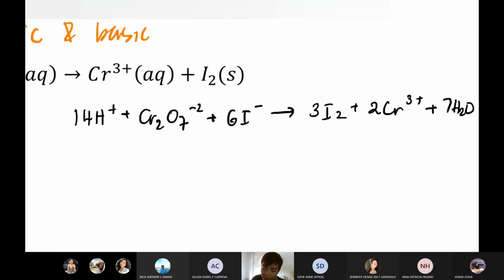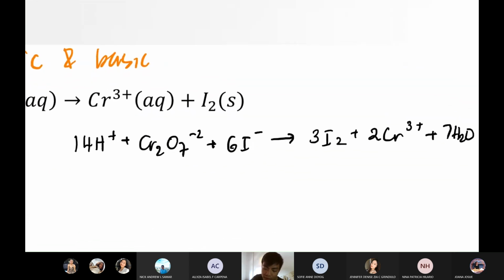Now, if I want the basic equation, how many OH will I add? 14. 14 OH here, and 14 OH there too. And you know that H and OH will combine to form 14 water.